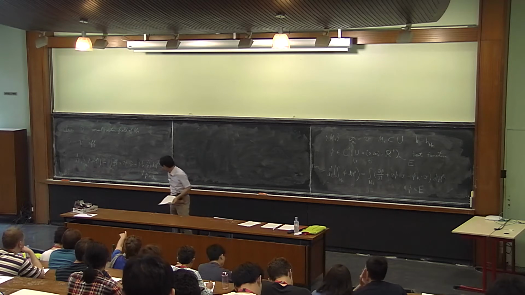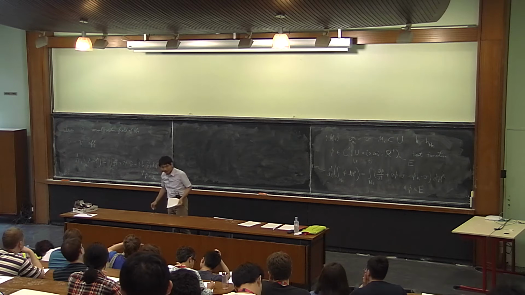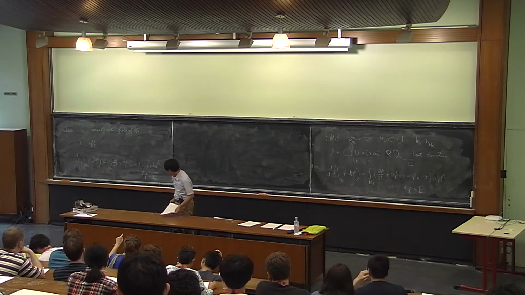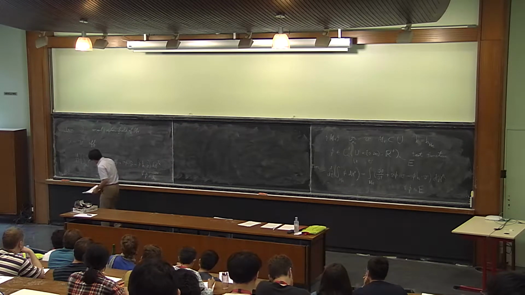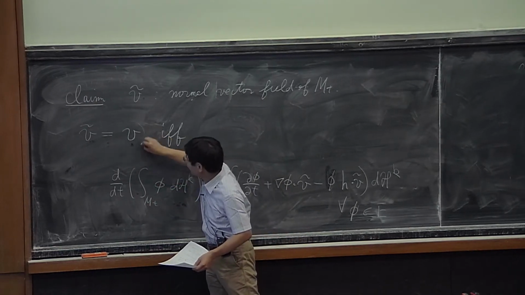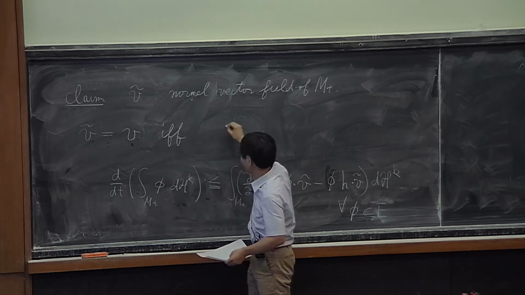Yes? Your MT here in the integral, are they generated by the flow of V? So, the velocity of this? Yes, I am making a notation that this is the velocity vector.